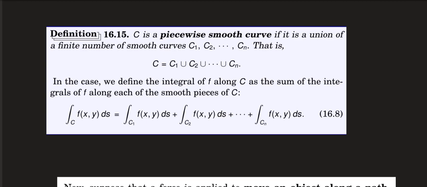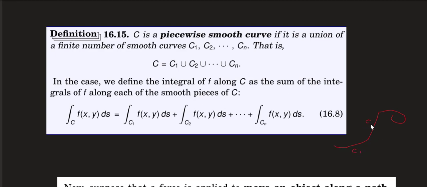Sometimes the curve over which we want to compute the line integral is not one smooth curve. Sometimes it is a union of piecewise smooth curves. For example, a curve like this, where maybe this is one parametric equation and another is different, or sometimes we have different pieces of curves.